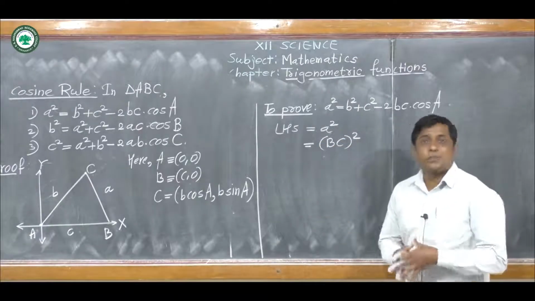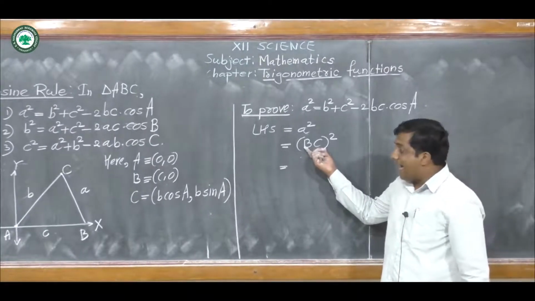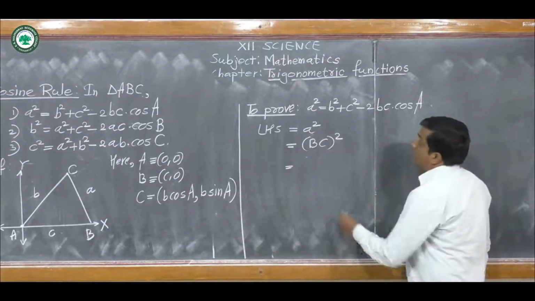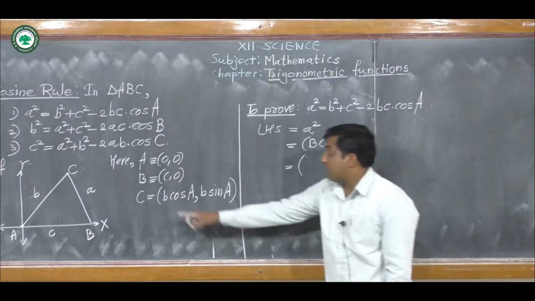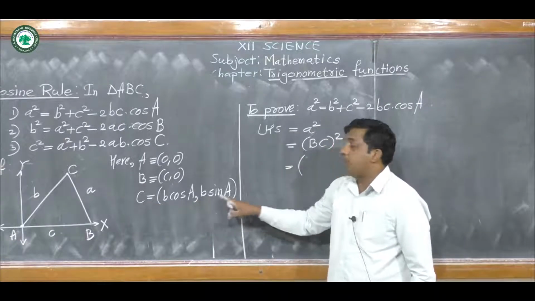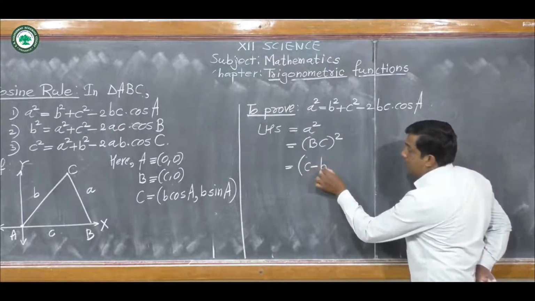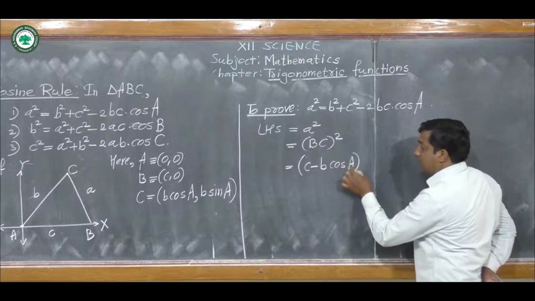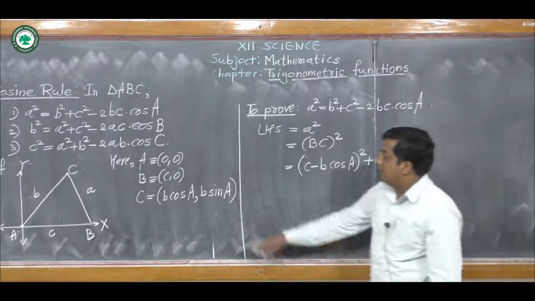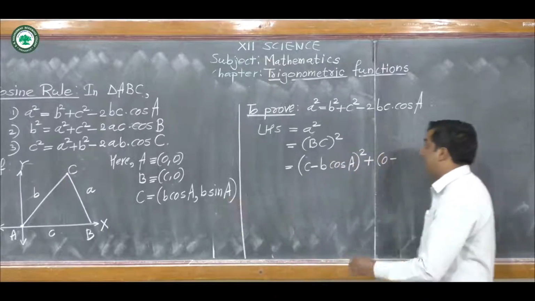Now by using the distance formula, with the coordinates of B as (c, 0) and of C as (b cos A, b sin A), I write (c minus b cos A) whole square, plus in the second bracket, 0 minus b sin A, whole square.